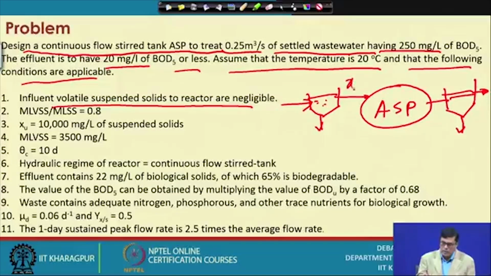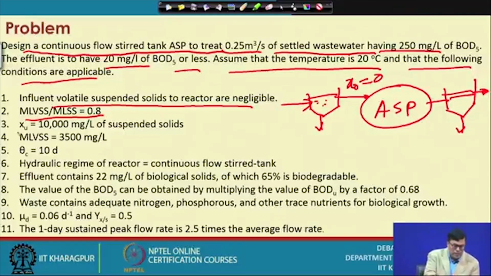So, here we can assume X0 equal to 0, and MLVSS by MLSS is 0.8. I explained this in the last lecture. MLVSS means the organic cell mass, and MLSS is the total suspended solid, and suspended solid comprises both organic and inorganic material. Inorganic material we consider as the inactive biomass.